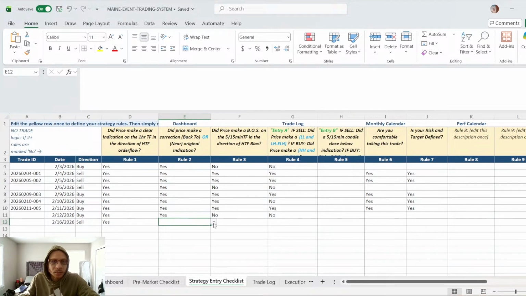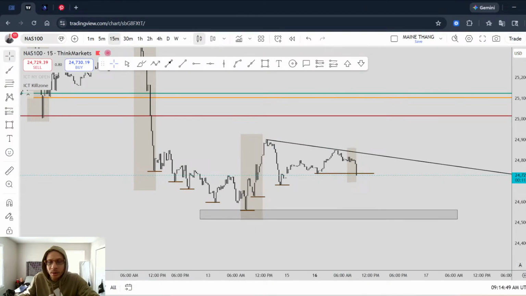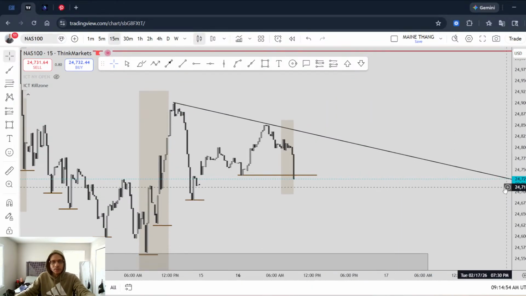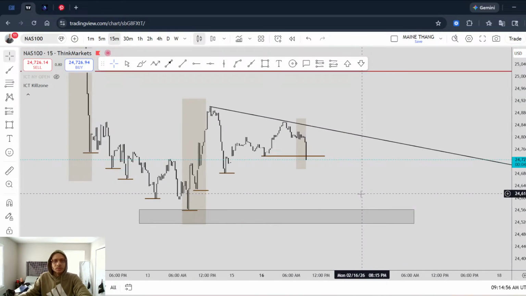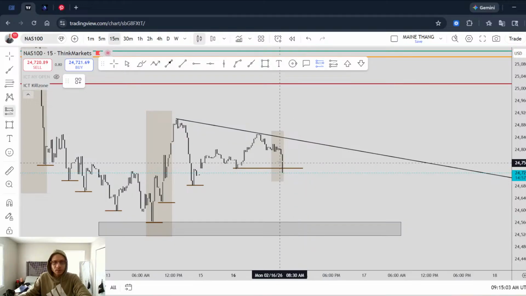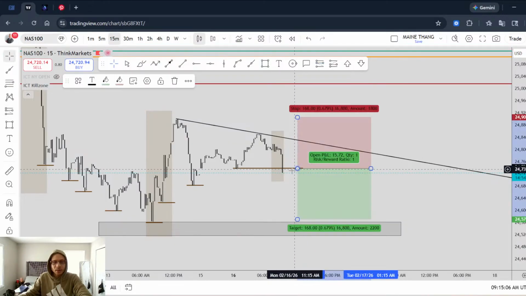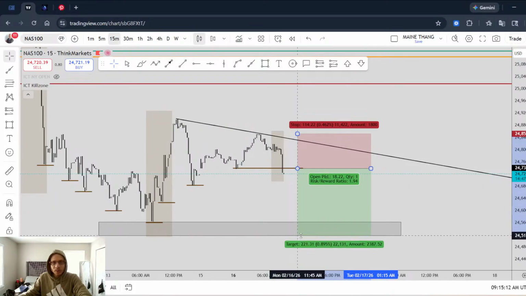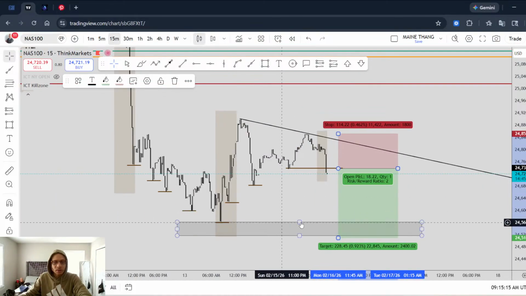Does the price make a break, especially on the 15-minute time frame, in the direction of the higher time frame bias? So that's what we're waiting on. Right now it's looking like it's doing it. We were looking for a setup for price to break it, come back, so we can get an entry and have our stop here. And 1 to 2 would be just below these lows, which would be perfect.